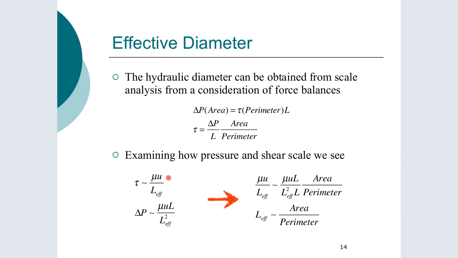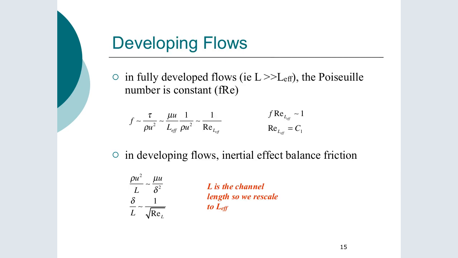Okay, so that's our shear force. So if we put in the length scale for that, then we have our pressure force. Okay, so we scale with that. We substitute in and we end up with this as our effective length scale. So it does make sense in fully developed flows to have an area to perimeter one, but it just turns out it doesn't work particularly well.